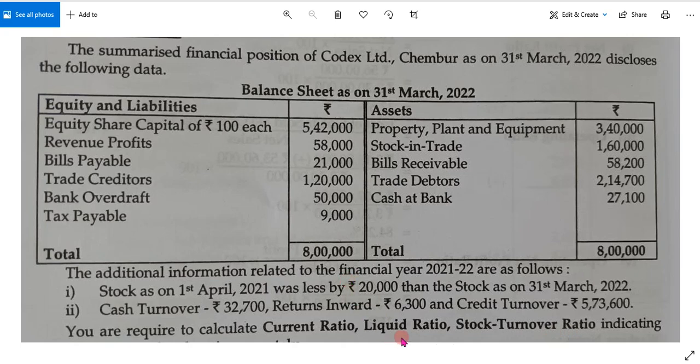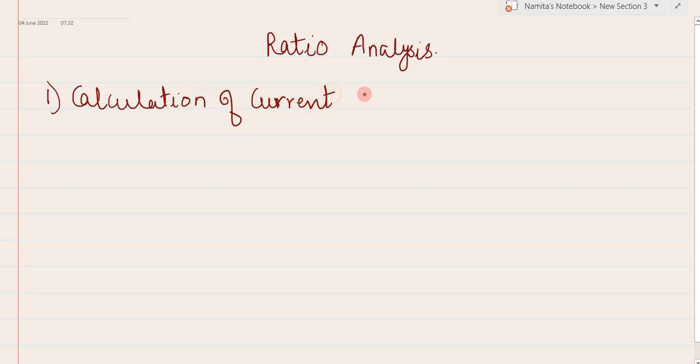Okay, so let's solve the example. First, number 1, calculation of current ratio.